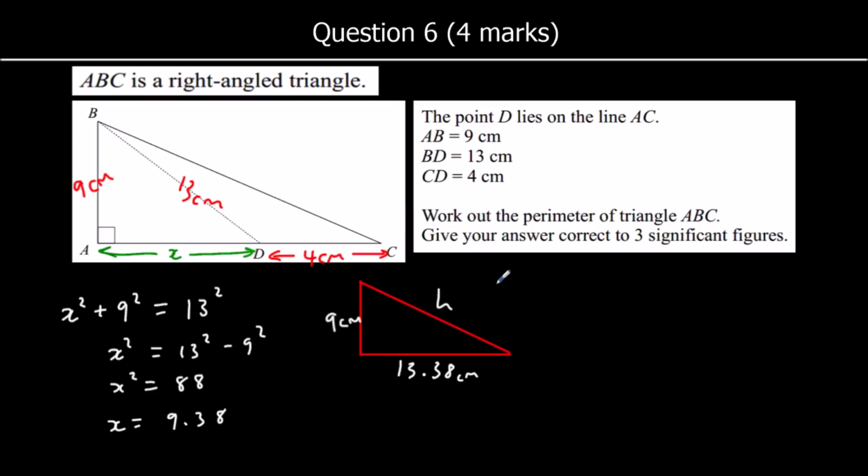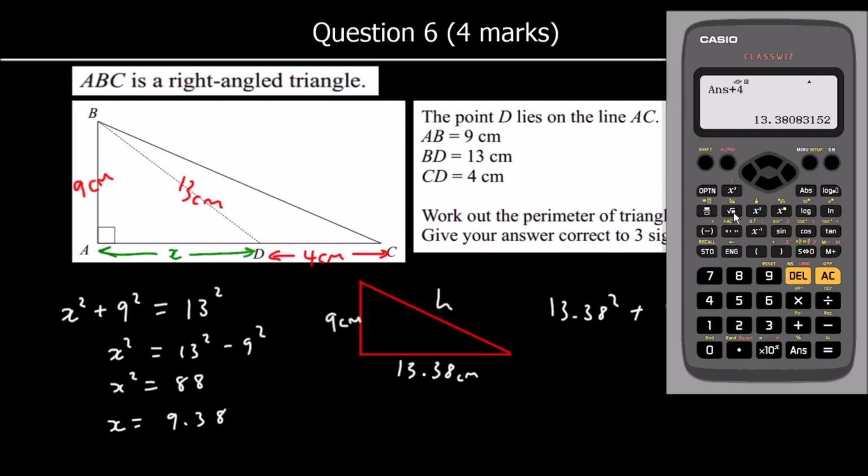And we've got the hypotenuse. So the two short sides squared added together is equal to the hypotenuse squared. So this one squared plus 9 squared is 260.